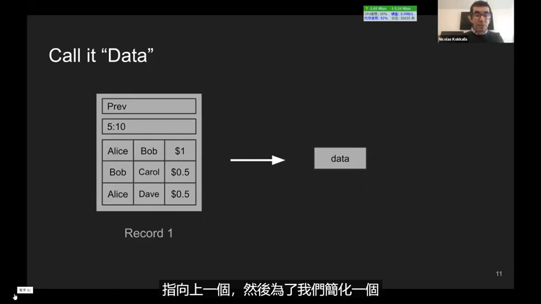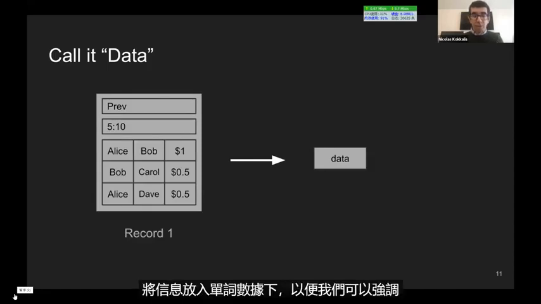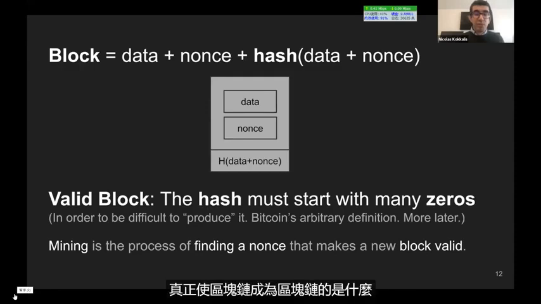Then, to simplify the visuals a little bit, we encapsulated all this valuable information under the word data, so that we can emphasize that what makes a blockchain is that you chain those data together with a hash of the previous block and the hash of the current block.